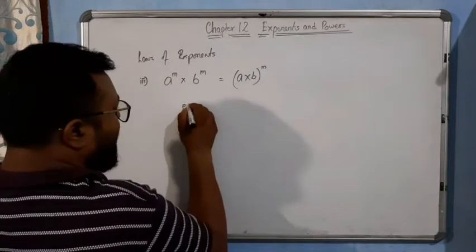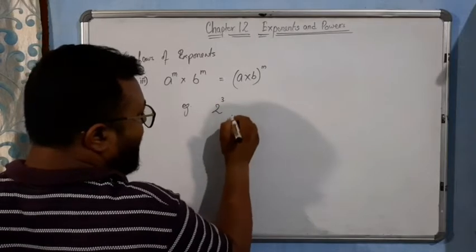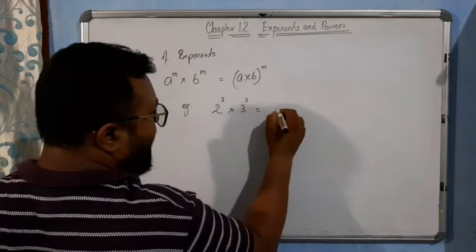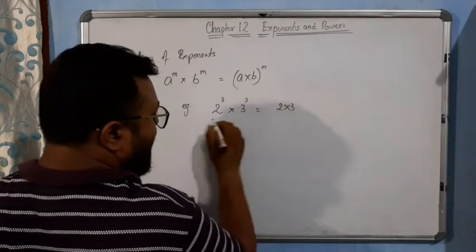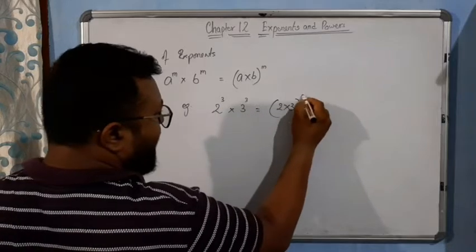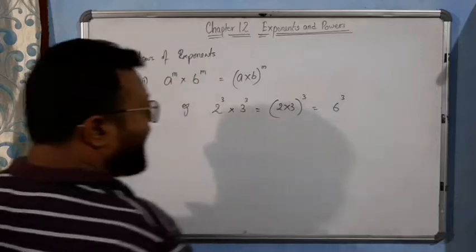For example, 2 cube into 3 cube: 2 into 3, because they are two different bases but the same exponent, so 6 to the power cube. In this way we can write.